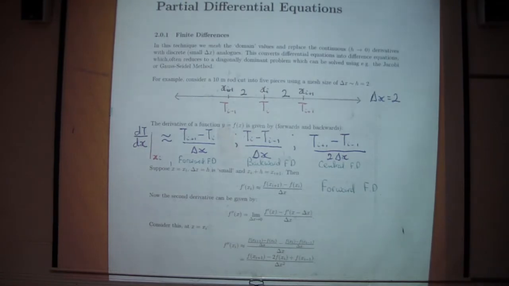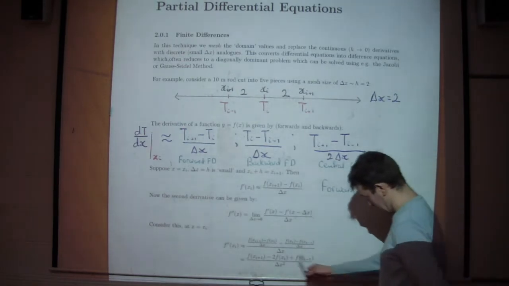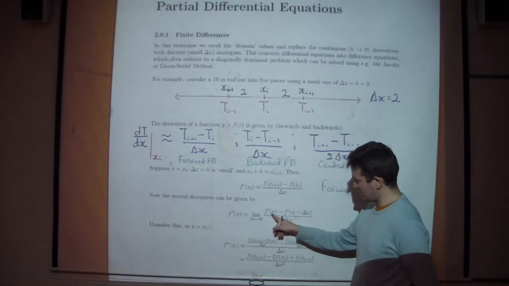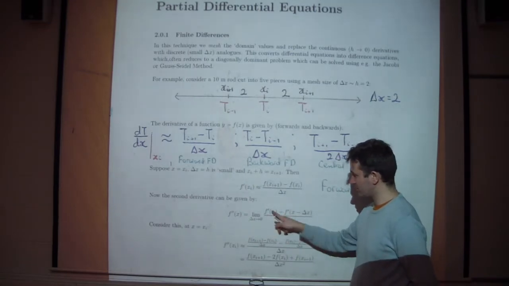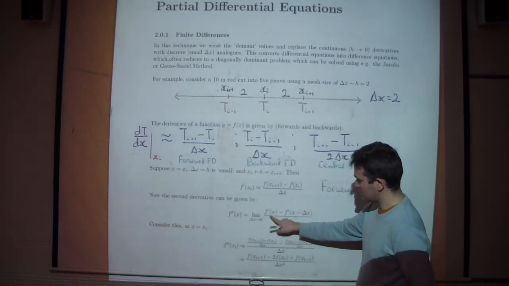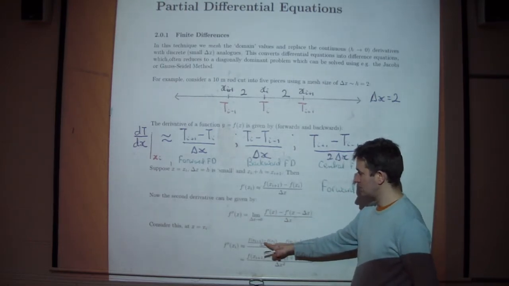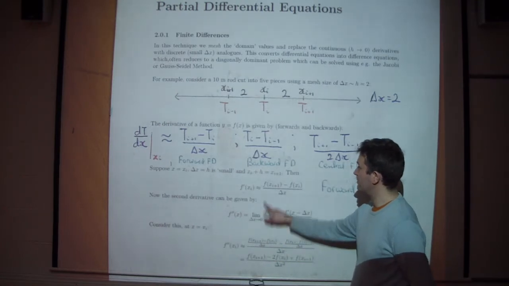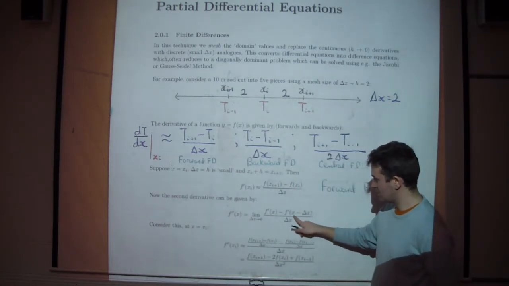And then you've got a formula for the second derivative. It's down there. It'll be given to you. Basically, the second derivative is the derivative of the first derivative, so instead of f's here, you have f dashes. Then you approximate this using the forward difference from here, say, and this is the previous point.